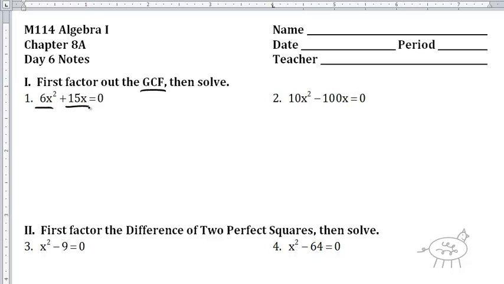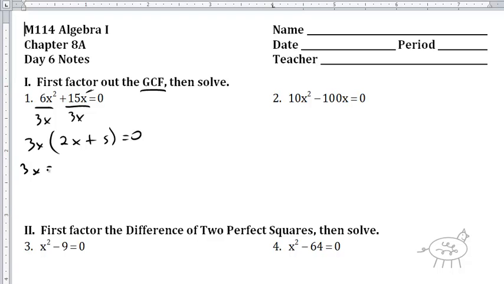Our greatest common factor for this one is 3x, because remember, you take the smallest exponent. With x squared and x, it's going to be x. And 3 goes into 6 and 3 goes into 15, the smallest number. So you get 3x times 2x plus 5. This is what we did yesterday and several days before that, and now each one of those gets set equal to 0.